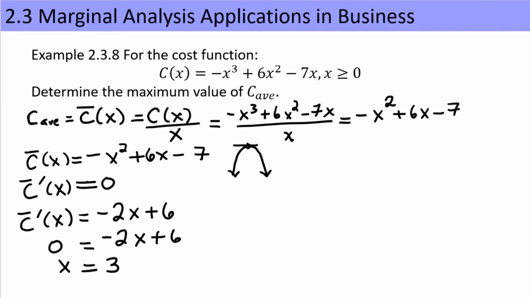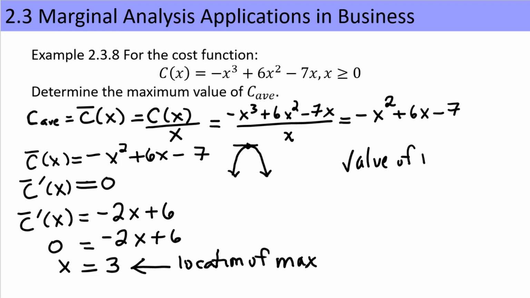Now, the question said determine the value. X gives you the location. So this is the location of the max. But what we want is the value of the maximum. And to do that, we evaluate x equals 3 in the average cost function.